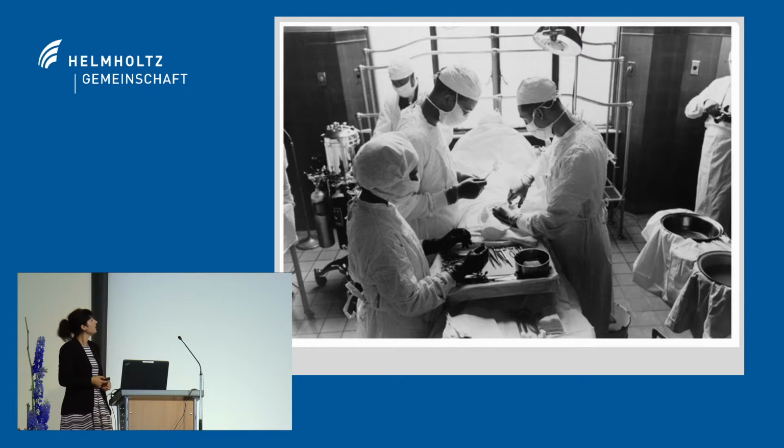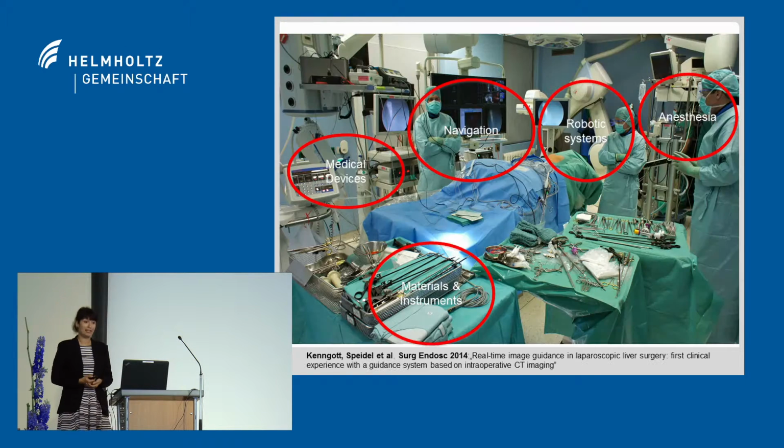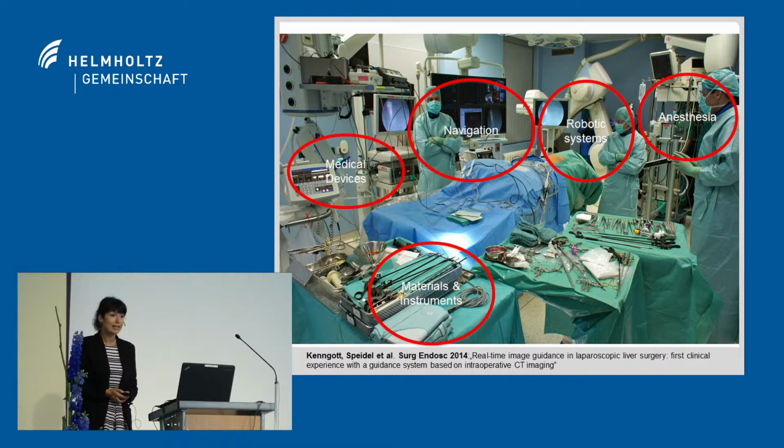So let's start with a historical operation room. As you can see here, it was taken nearly 80 years ago, and you see it's clearly arranged and the infrastructure seems to be manageable. In contrast, we have a scenario in the operation room in Heidelberg today. It's a highly complex environment.